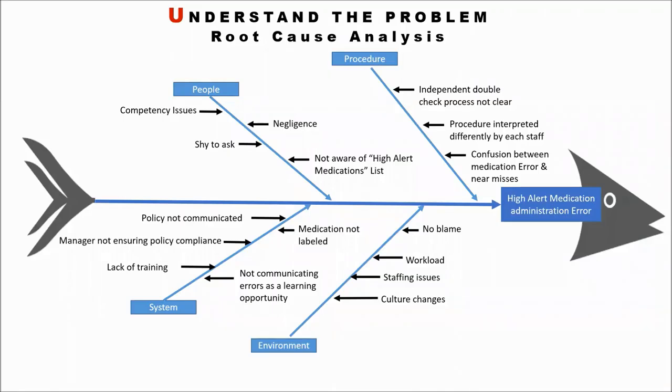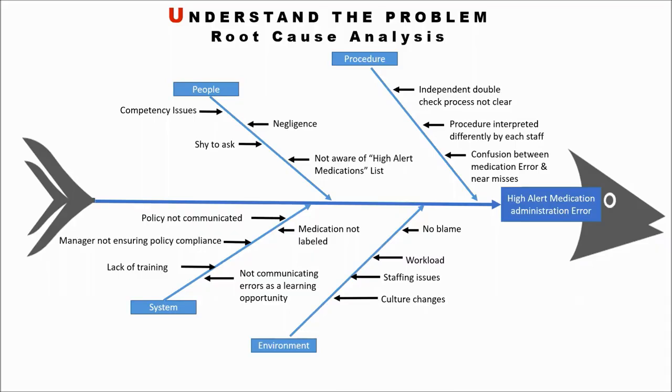This is our root cause analysis. Shall I carry on? Yes, the fishbone is very clear and excellent, but I want in the discussion here to know the conclusion. From your point of view, Dr. Abu Bakr, what is the main root cause of the problem? Which side is the biggest responsible for the problem?